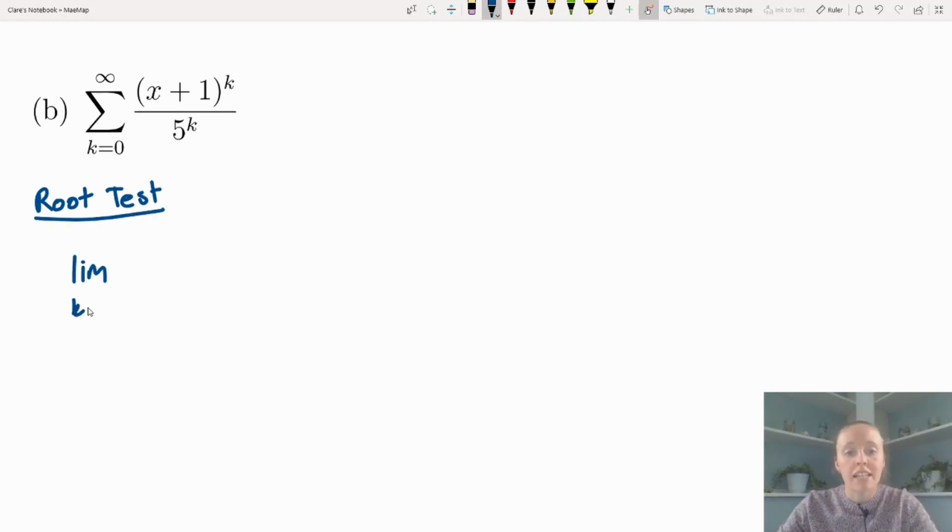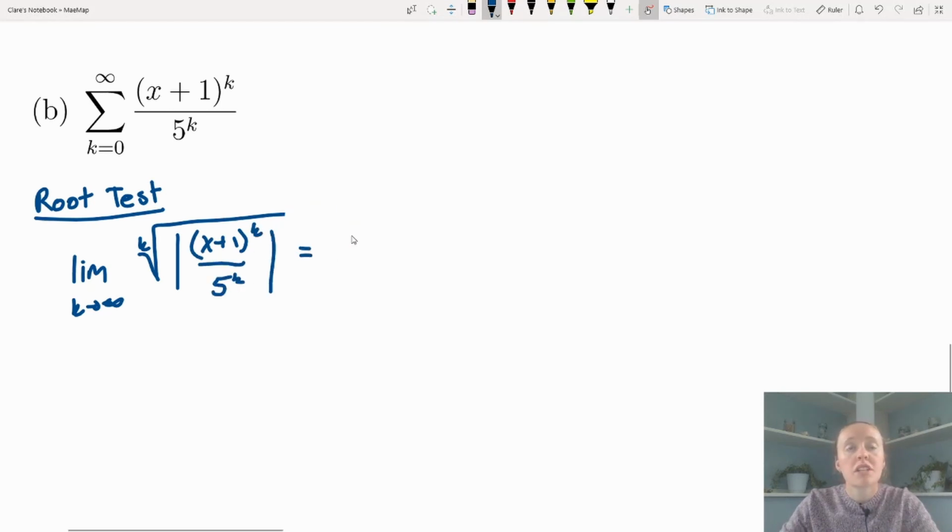The limit as k approaches infinity of the kth root of the absolute value of (x plus 1) to the k all over 5 to the k is going to be equal to the limit as k approaches infinity of taking the kth root of my numerator, I get x plus 1, and taking the kth root of my denominator, I get 5.